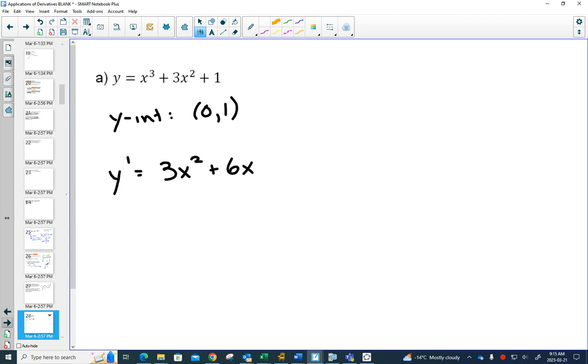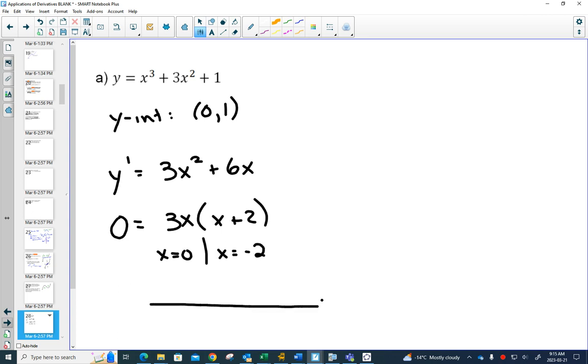So there's my first derivative. Set my first derivative equal to 0 to find critical points. Factor out 3x. So on my number line, I would have -2 and 0. This is my number line for my derivative.